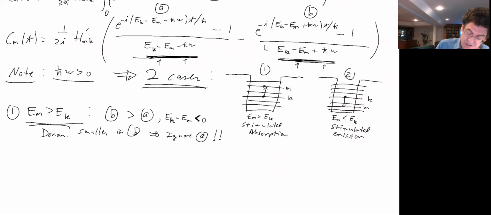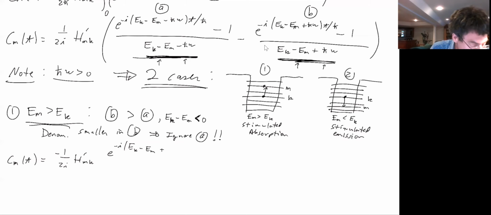And so we only use B. What we have then is that cm of t, for this case, when the final state is higher in energy than the initial state, the amplitude to be in that state at time t is minus 1 over 2i, H prime mk, times e to the minus i (Ek minus Em plus h bar omega) times t over h bar, minus 1, all over that same factor Ek minus Em plus h bar omega.